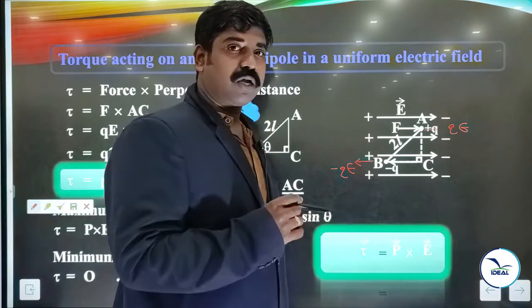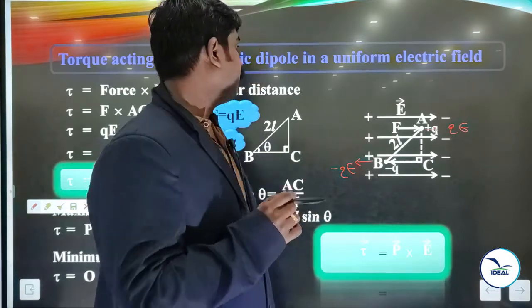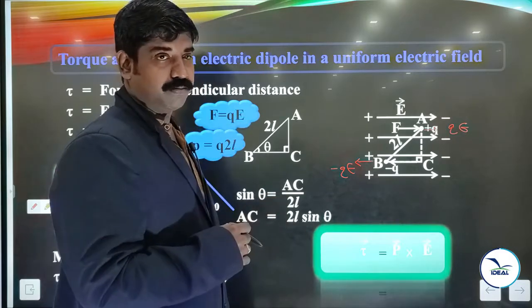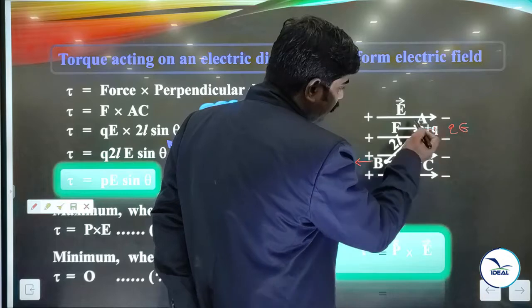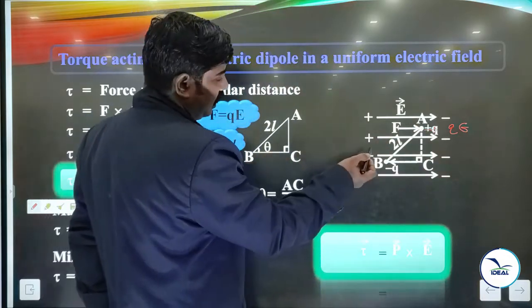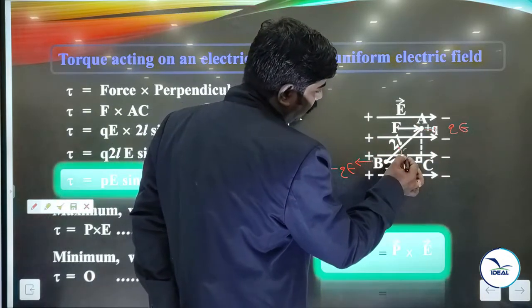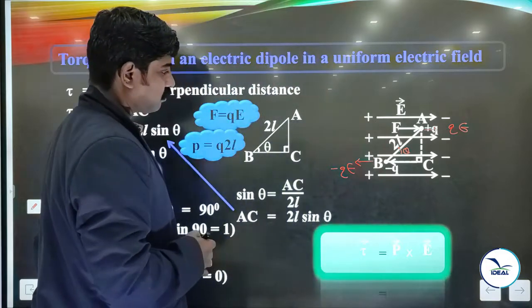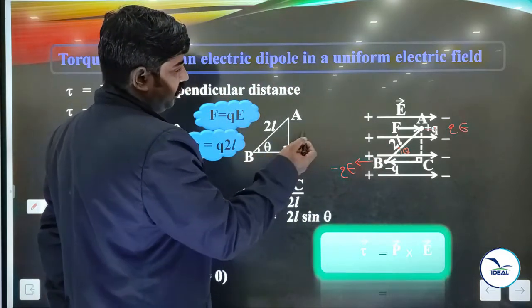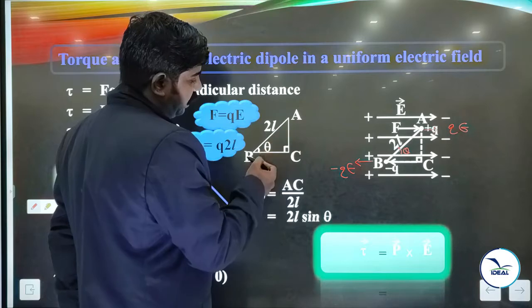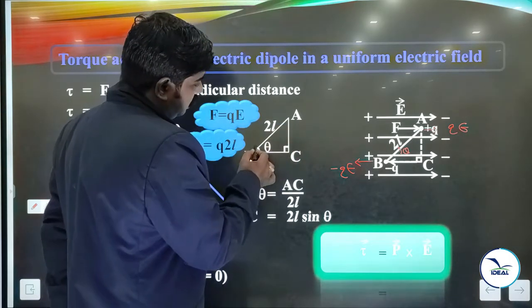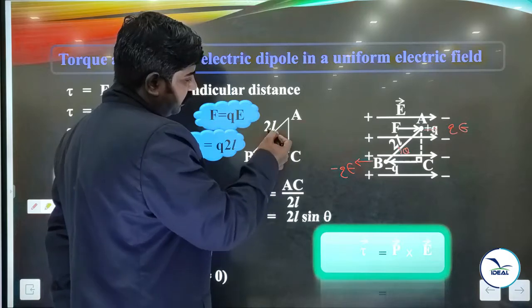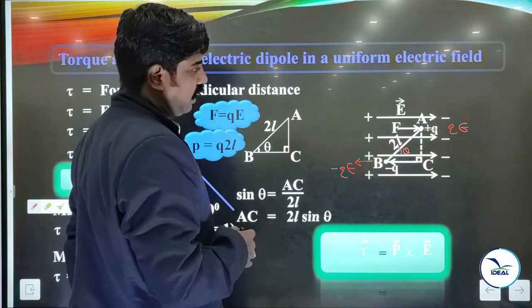We know that torque is force into perpendicular distance. We can consider this as a triangle, with an angle theta here. We name that triangle ABC, and the hypotenuse is 2L, the dipole length.